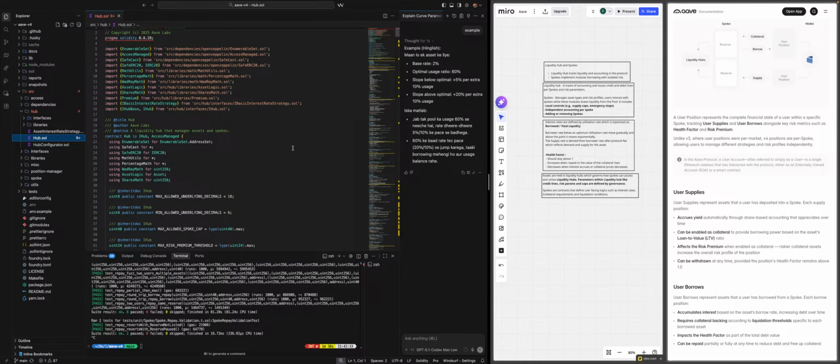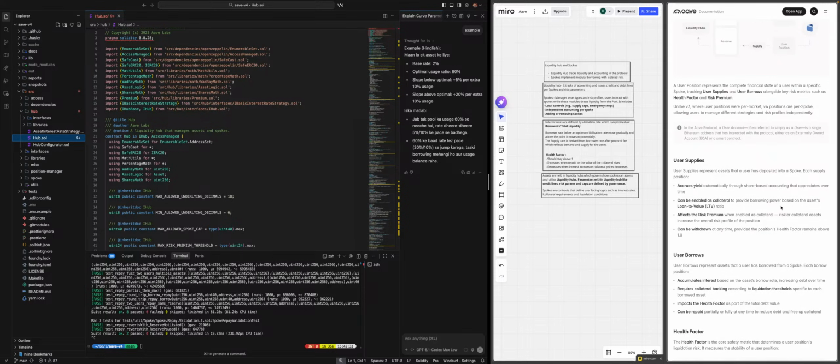So a spoke has a variety of data for different liquidity hubs, and vice versa. So user supplies represent assets that a user has deposited into a spoke.